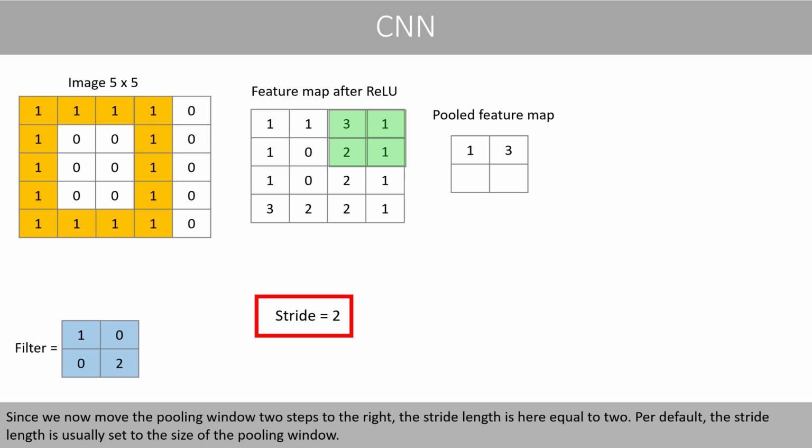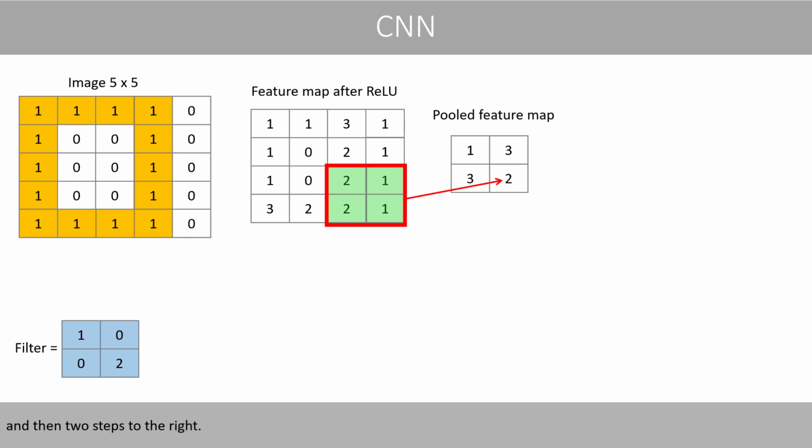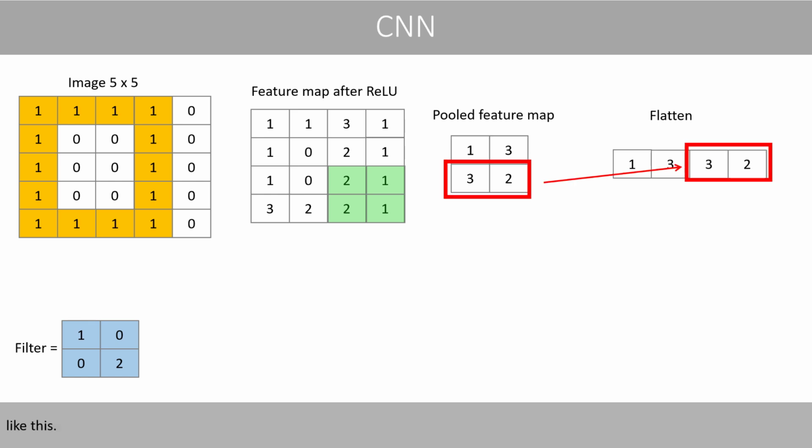Since we now move the pooling window 2 steps to the right, the stride length is here equal to 2. Per default, the stride length is usually set to the size of the pooling window. Then we move the pooling window 2 steps down, and then 2 steps to the right. Finally, we flatten the pooled feature map into a one-dimensional array, like this.